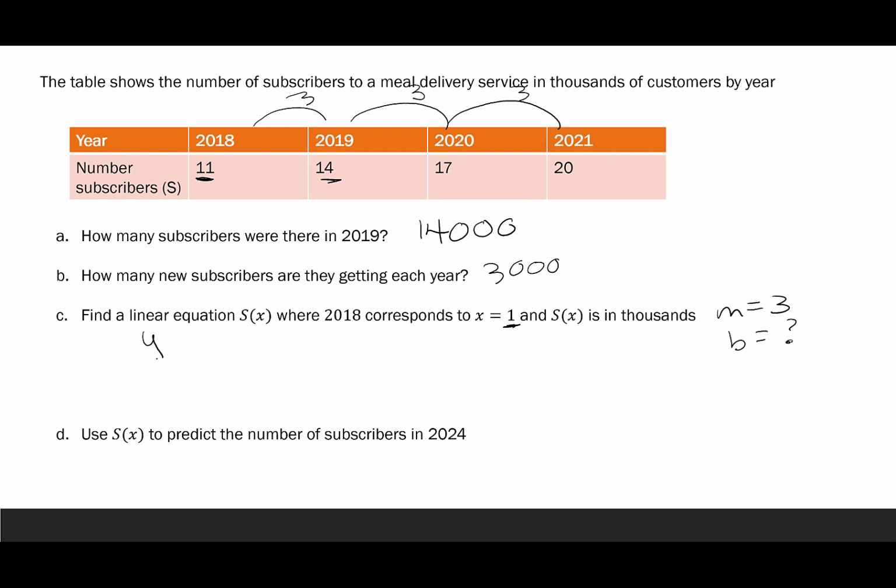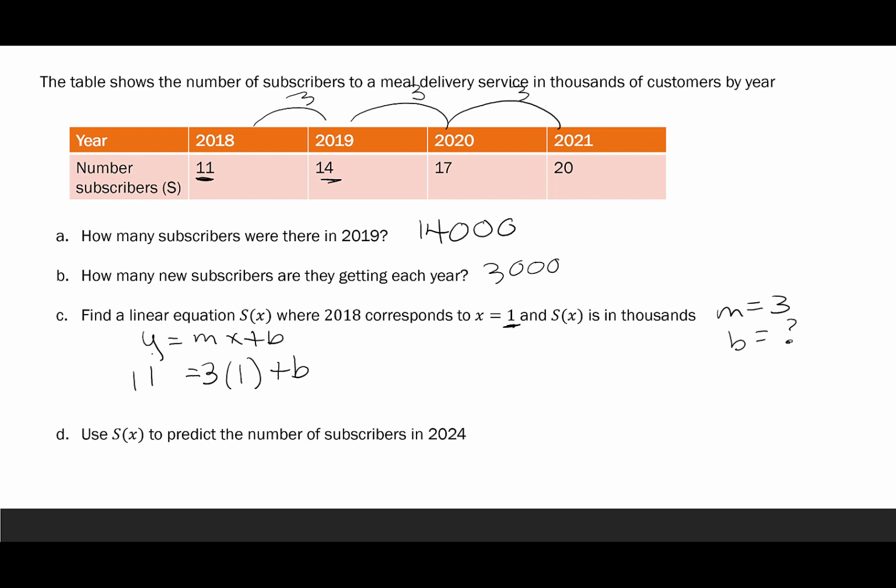So if I'm thinking y equals mx plus b, right? That's my general form of a function or a linear equation. Then I could say, you know what? I know the slope m is equal to 3. I know that x is 1, right, in 2018. And whatever b is, when I put that together, I'm supposed to get 11. So I could solve for b.